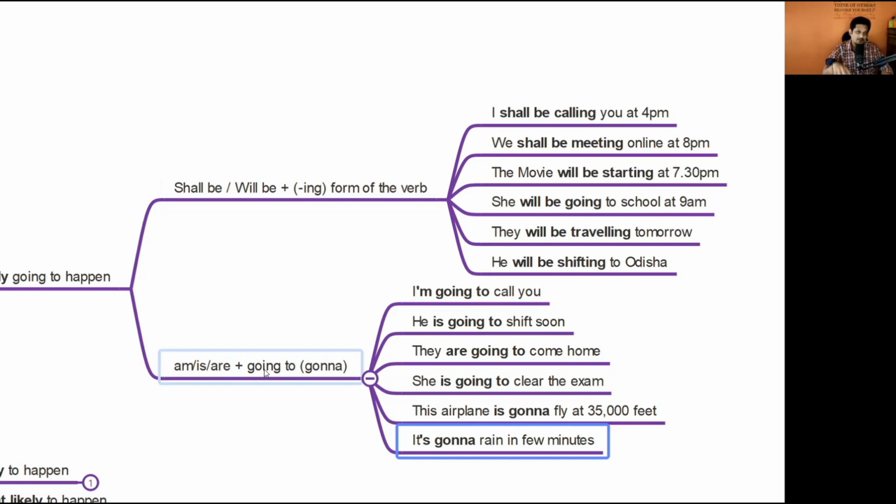This is not about future tense, but you can also say with past tense as well, with auxiliary verb. For example, you will say that I was going to call you. That means se jo kohanti odia re mu apanku call korithanti, but something happened. So to express those sentences, you can use past tense with going to as well.